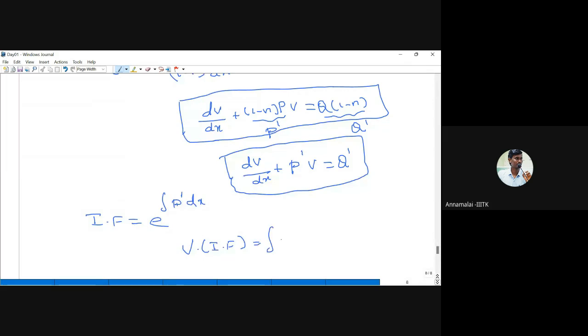So this is equal to the integration of the integrating factor times q dash into dx plus c. You have to substitute everything. Finally, you have to replace v equal to y power 1 minus n, so you get the solution in terms of x and y.